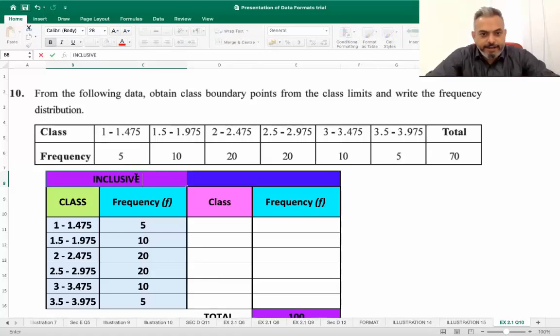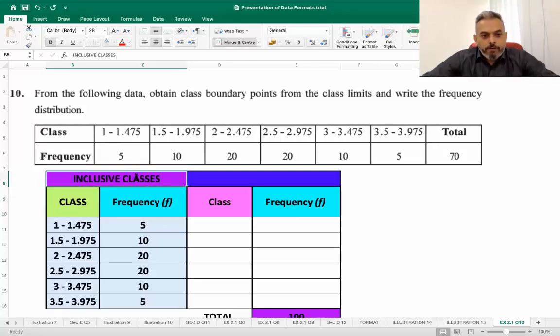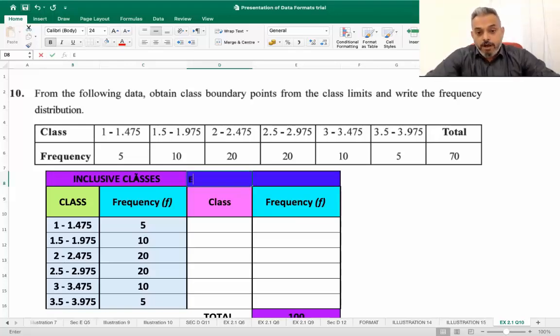So I'll write the heading inclusive frequency or inclusive classes. Now we have to make it exclusive. So how do we do that? So first let me write exclusive frequency distribution.